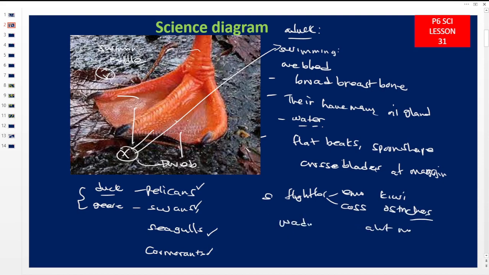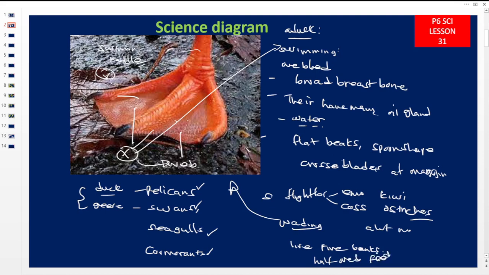Now the wading birds try to resemble the swimming birds, but they generally live along river banks, the sides of the river, and they have long thin legs with half-webbed feet.